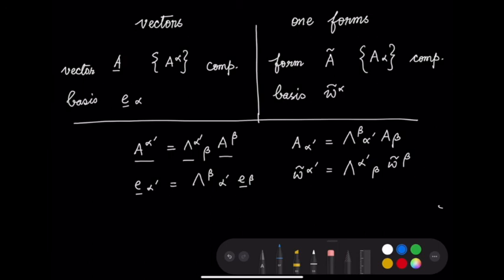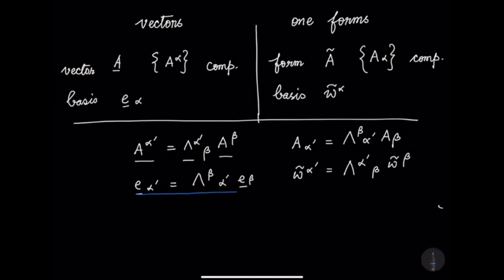Now you see that I have this basis vector transformation rule, and I have this one form transformation rule. They're similar, so these two are similar.